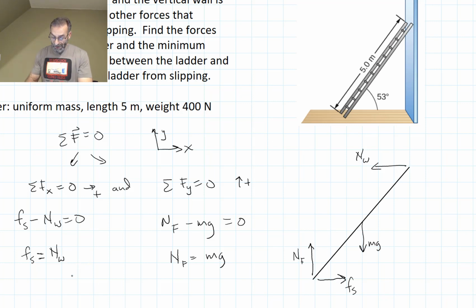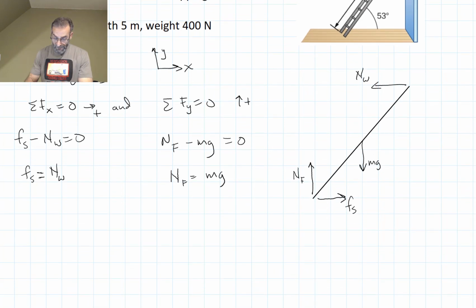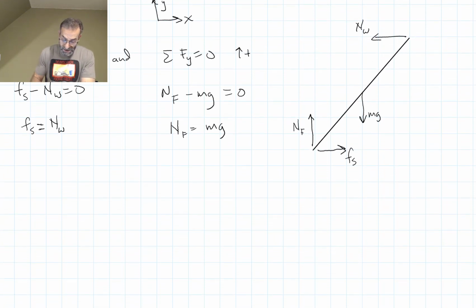Now we can do one more thing. We can say the sum of the torque is equal to zero. And we can say the sum of the torque is equal to zero about any axis of rotation we want. This ladder is not rotating. It doesn't matter what axis of rotation I pick.